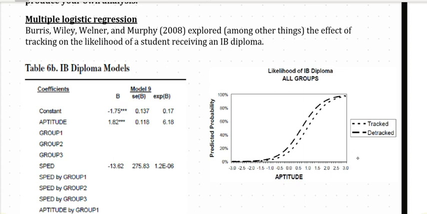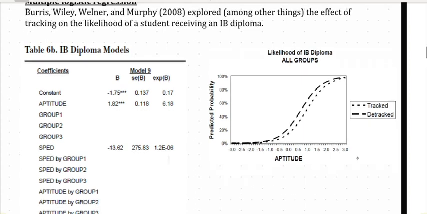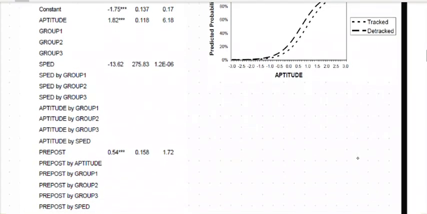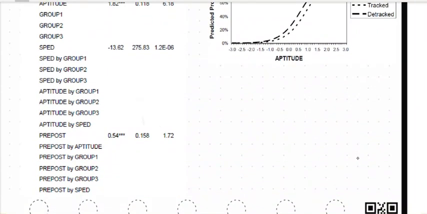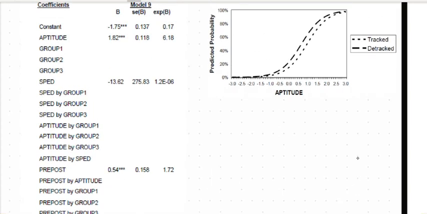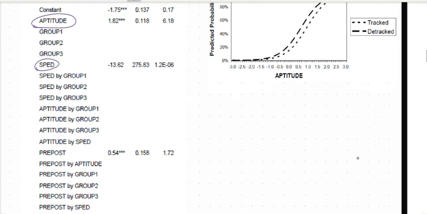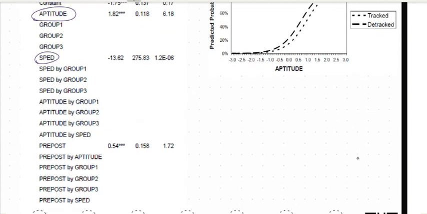A variety of models were investigated, meaning a lot of variables were looked at, but the final model had just 3 included: aptitude, special ed, or SPED, and pre-post. Pre-post is the tracking variable.